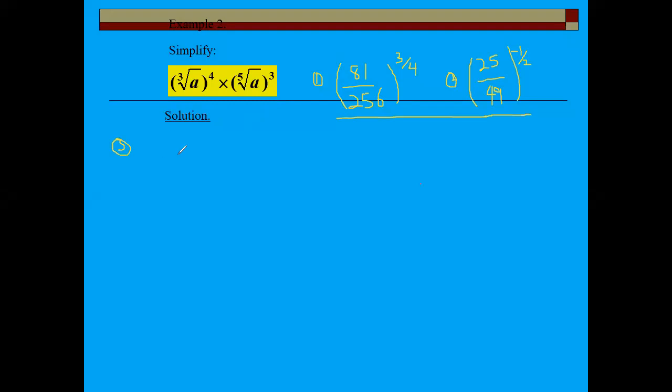So we have 27 raised to the power n, okay, plus, or let me say minus 6.